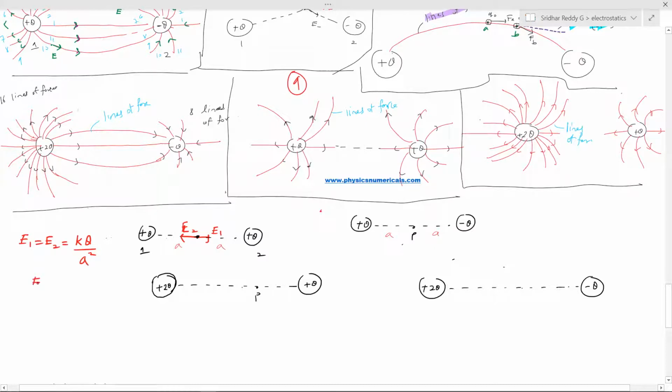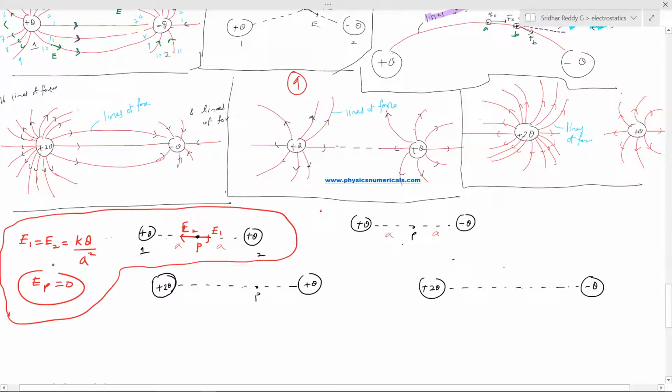Therefore, the net field at point P will be 0. This is in the first case. So when two like point charges are there, exactly at the midpoint, the resultant field will be 0.